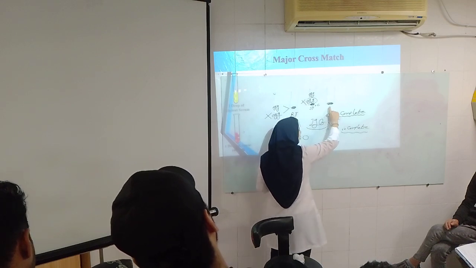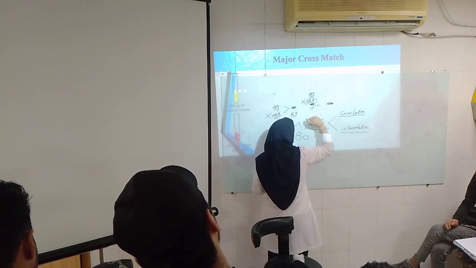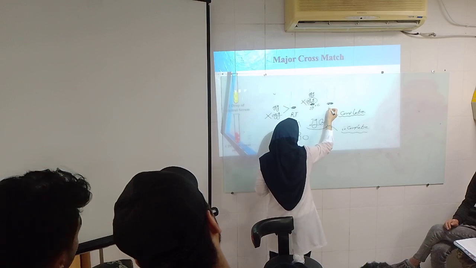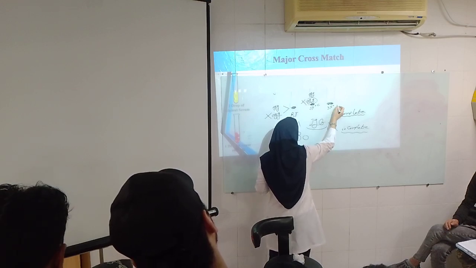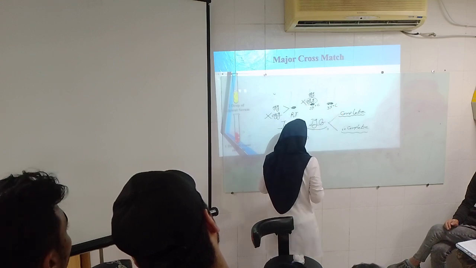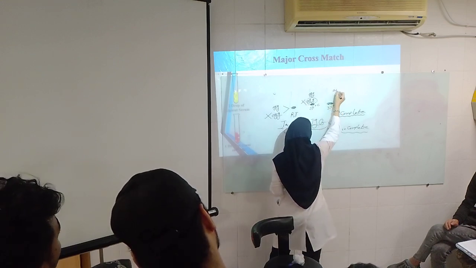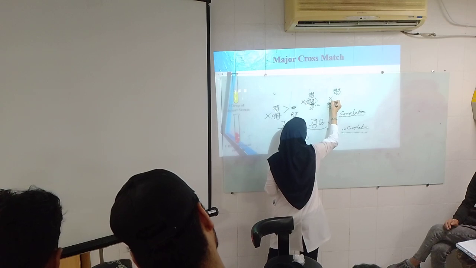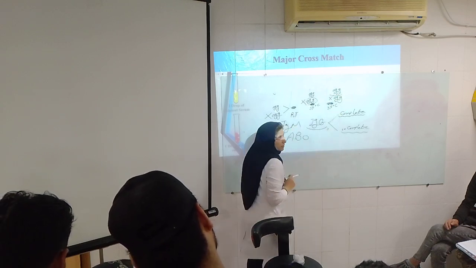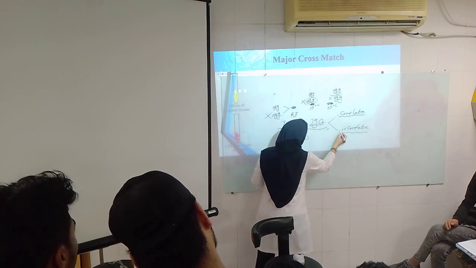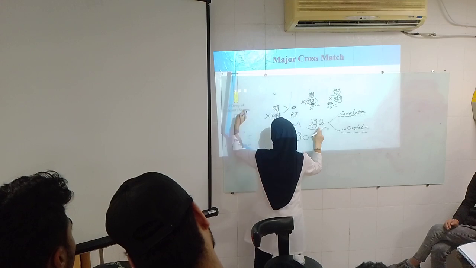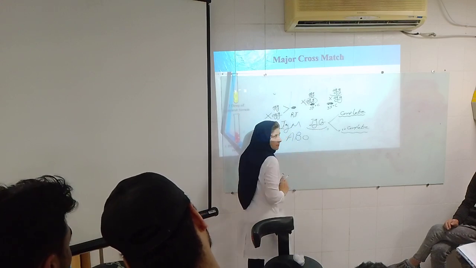How about the third one? Again, we mix, and after that, again, we incubate at 37 degrees centigrade, and after that, again, we read it. If you have agglutination, it means that there is some contamination between incomplete IgGs of donor and recipient.